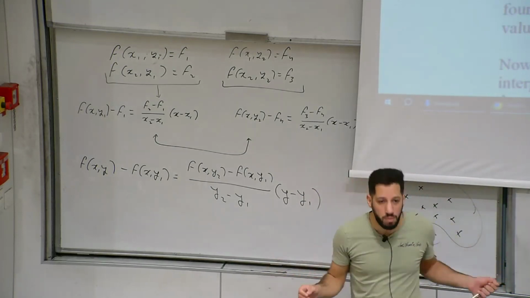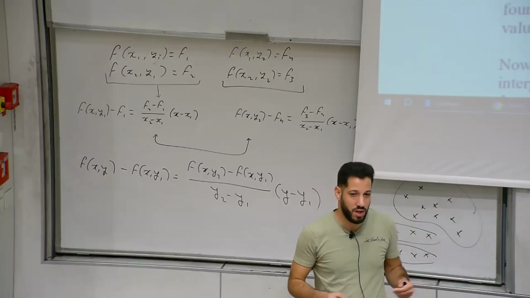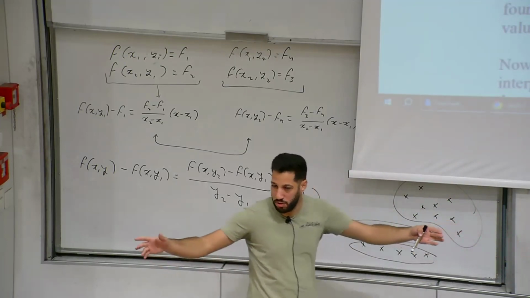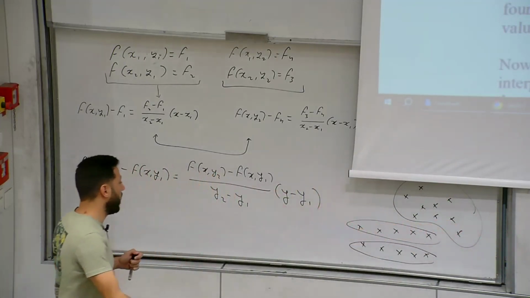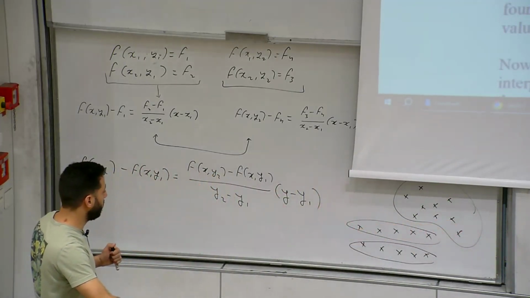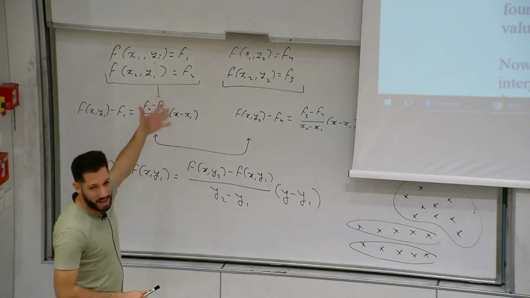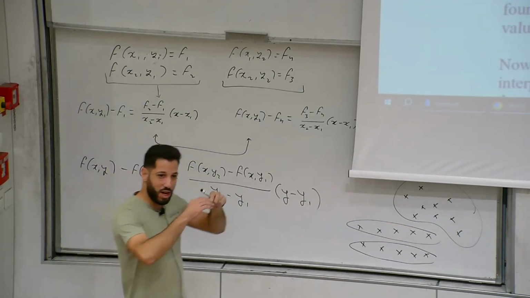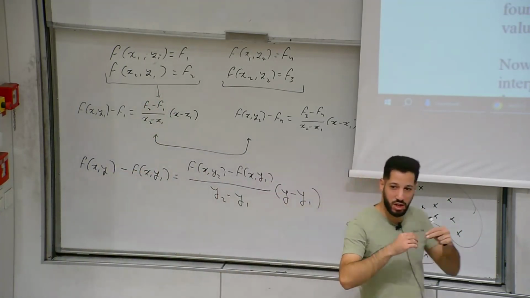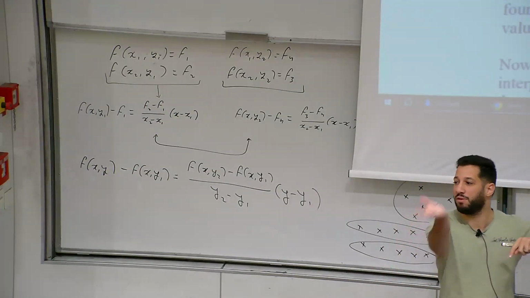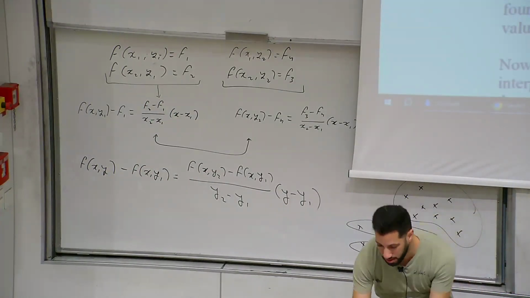I used only 2 points. We can use the grid itself, and then it would be another polynomial. So I want you to understand the idea itself. I make the interpolation in one axis and then use it as a value for the other axis.